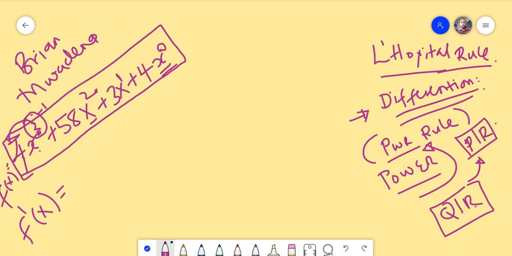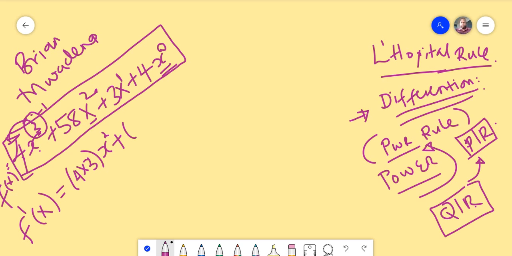So here I have 4 as the previous coefficient, and I drop this 3 as the power of x, and now instead of x raised to power 3, it will be 3 minus 1, so x squared, and then plus the next one.